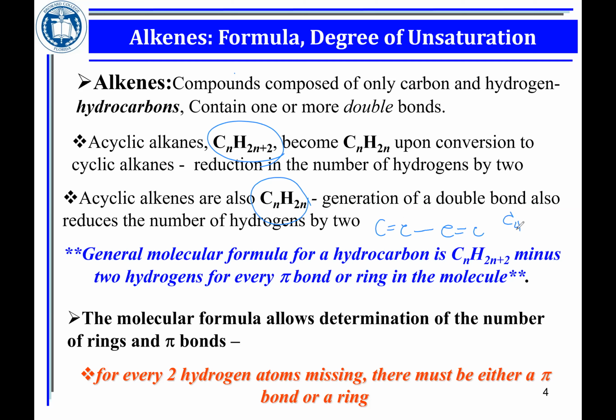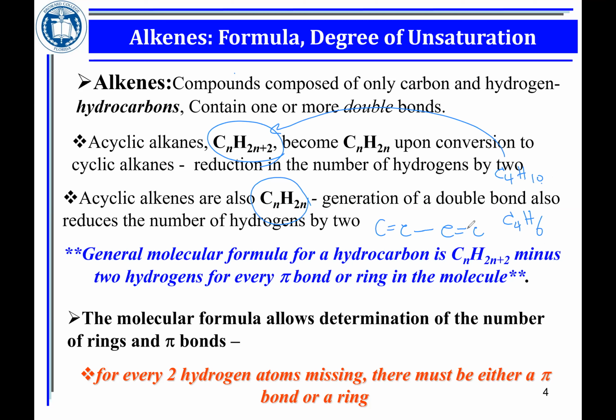For four carbons, normally the number of hydrogens would have been 10, and with two double bonds it is going to be H6. So every pi bond takes care of two hydrogens. That means 4 carbons require 10 hydrogens to be saturated, following this formula, C4H10.